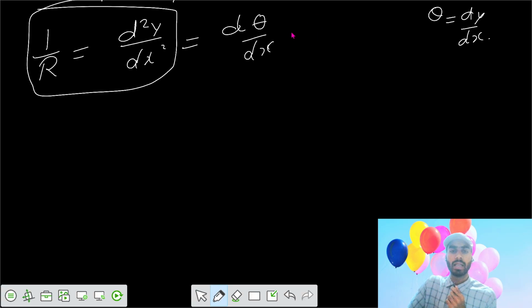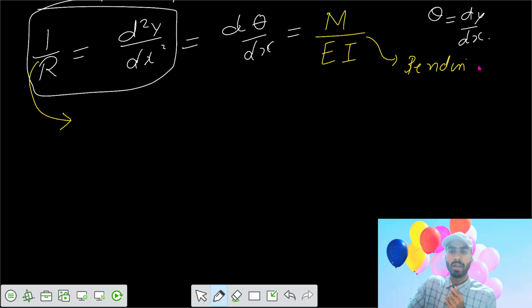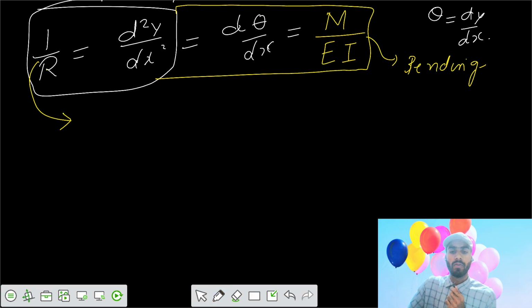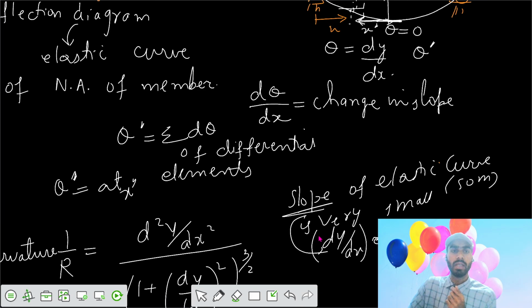We derived that the curvature of the beam is related to the bending moment at any x divided by EI, that is M by EI. This was derived in the chapter on bending stresses, where we derived the flexural formula. This result is going to be used in your first method, the double integration method.